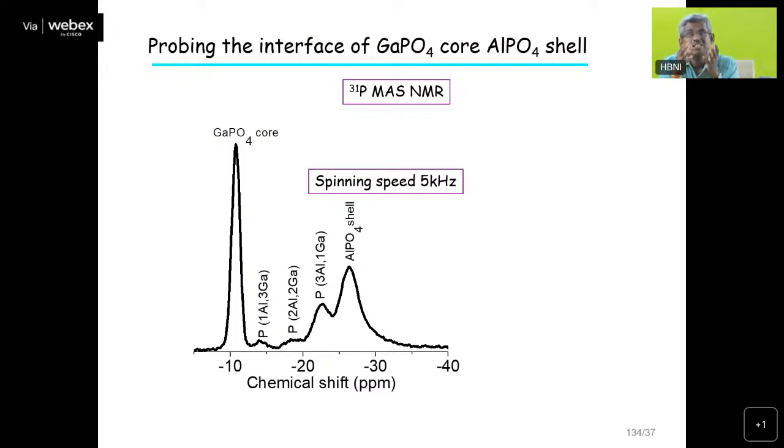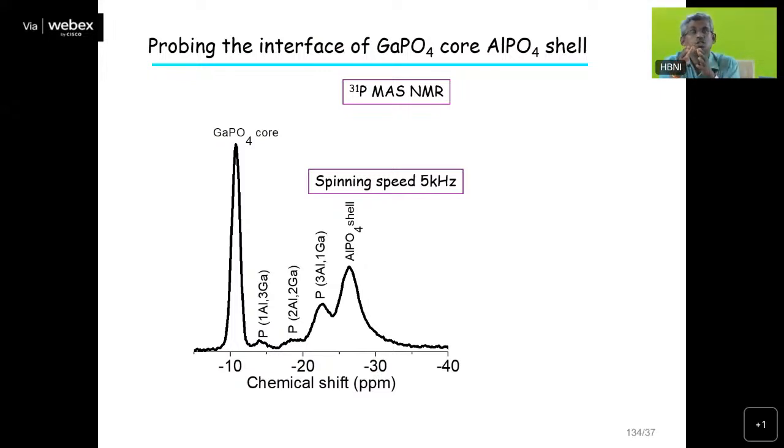Now I will add shell material. What is the shell material? Shell material is nothing but aluminium phosphate. So in the system where gallium phosphate nanoparticles are already formed in the solution, I add aluminium 3+ and phosphate species. There are two possibilities.